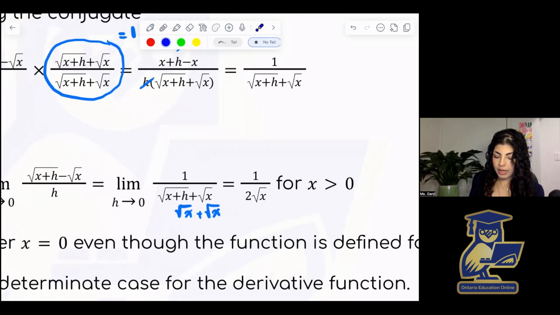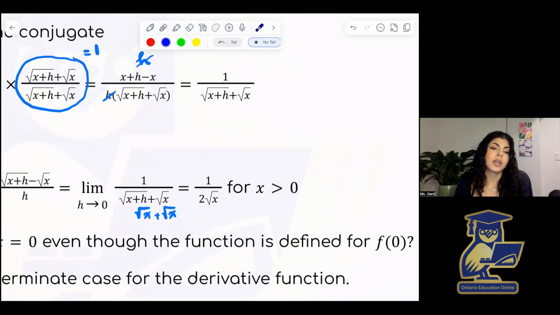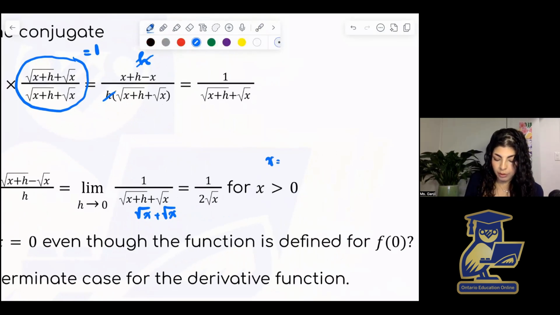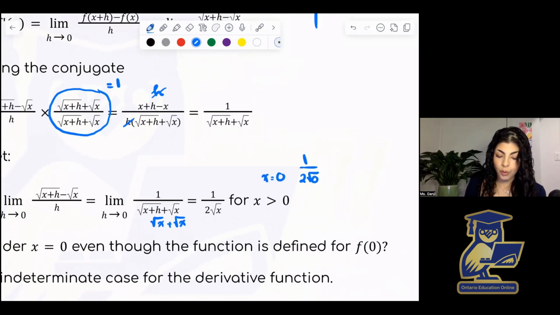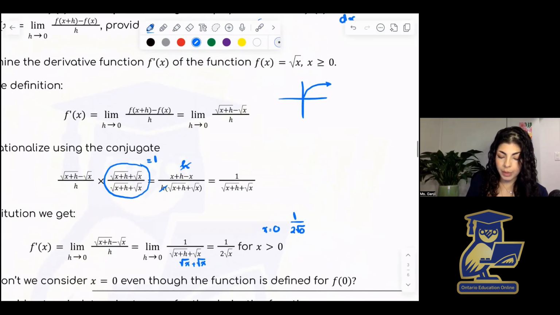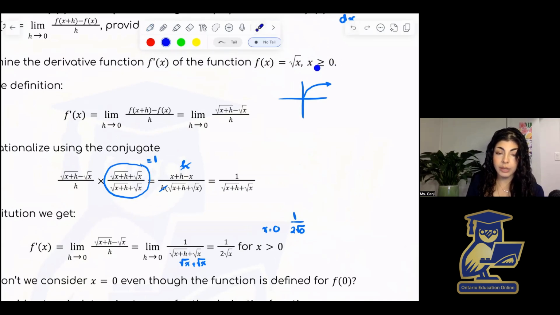Now, one thing here is now I have x greater than 0. Because keep in mind here, if x was 0, you would have 1 over 2 times square root of 0, which is undefined. So even though here we had x is greater than or equal to 0, now here it's x is greater than 0.